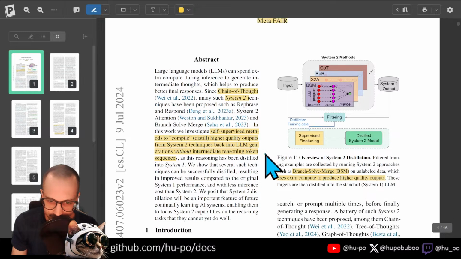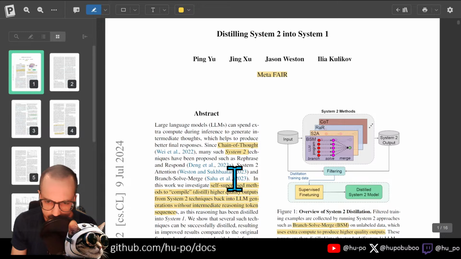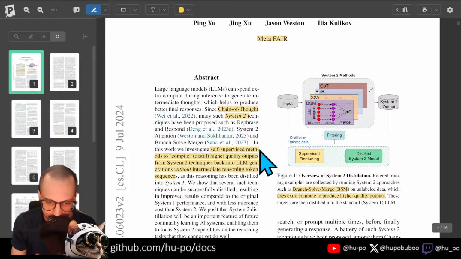And there is a similar kind of concept in humans. There's a famous book that everybody at this point has read called Thinking, Fast and Slow, where this psychologist breaks down the fact that humans generally have what's known as System 1 thinking and System 2 thinking.